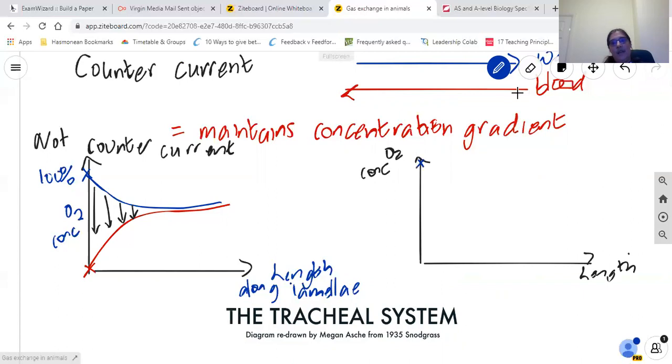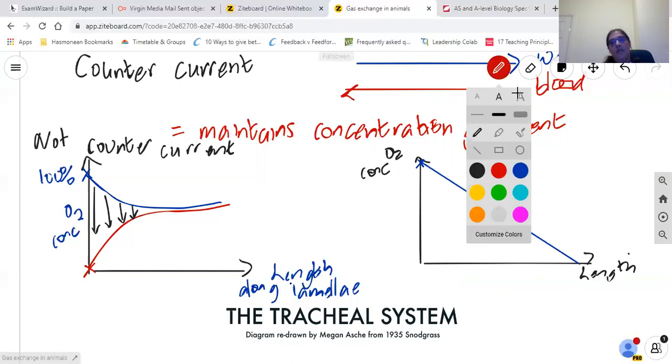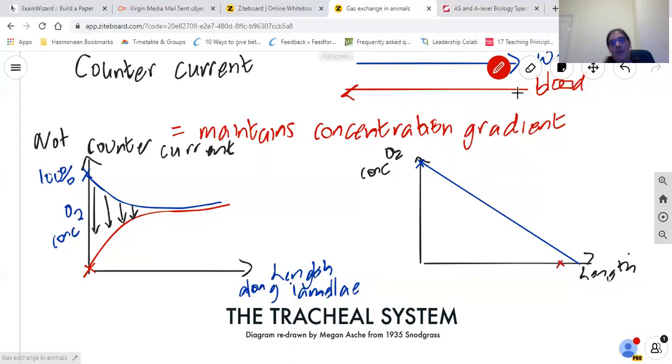It starts at 100% and then it's slowly going to drop. The blood, of course, is coming in from the other direction, from the far end. So we're going to start it over here with 0. And as it goes along, it's going to pick up oxygen.